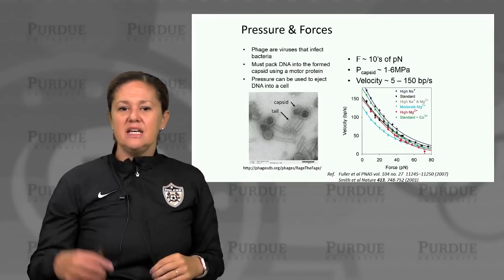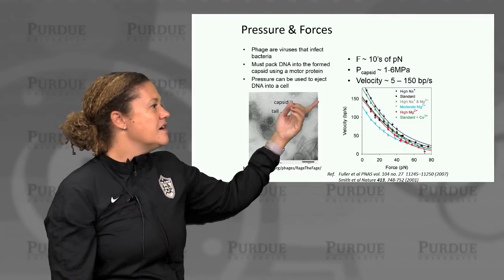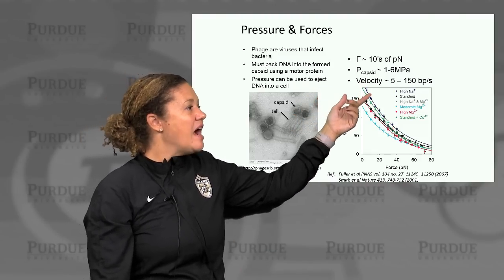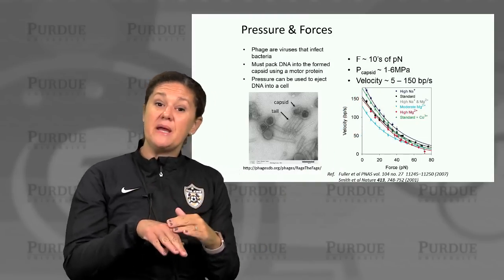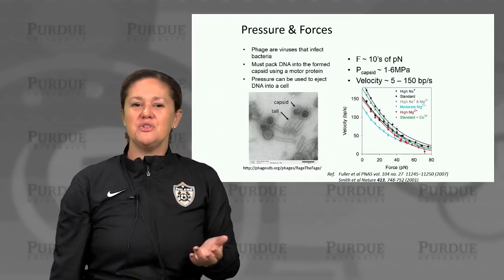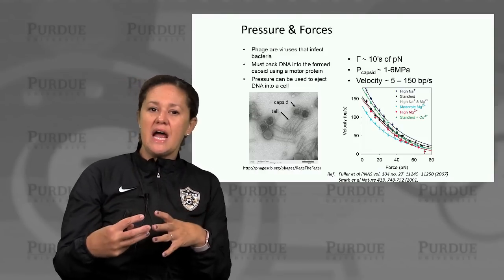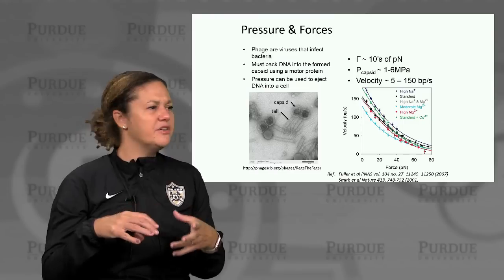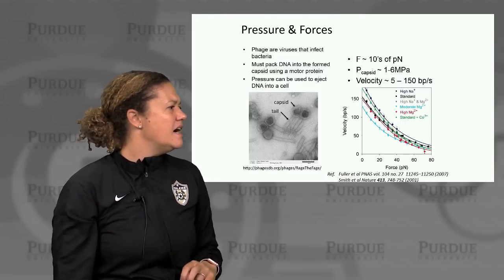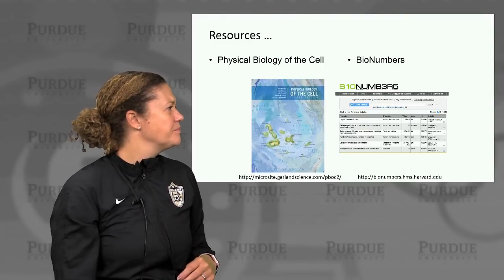And the velocity of that DNA going into the cell varies through the process from 5 to about 150 base pairs of DNA per second. So that gives you a sense, at the level of a single cell and a single virus, of what sort of pressures, forces, and velocities you may see in a biological system.